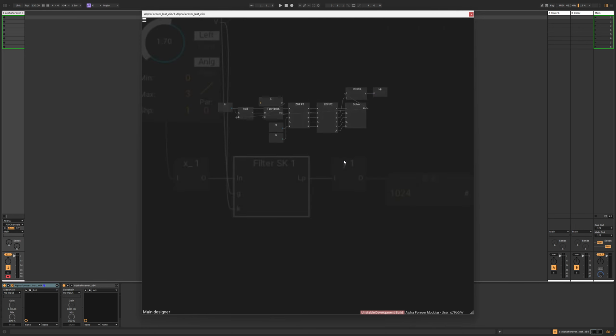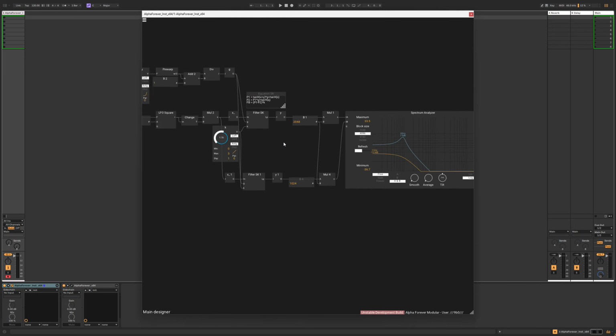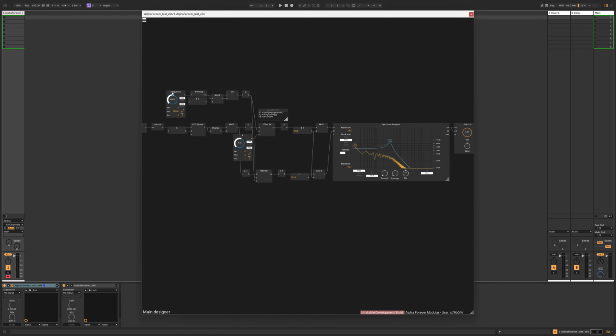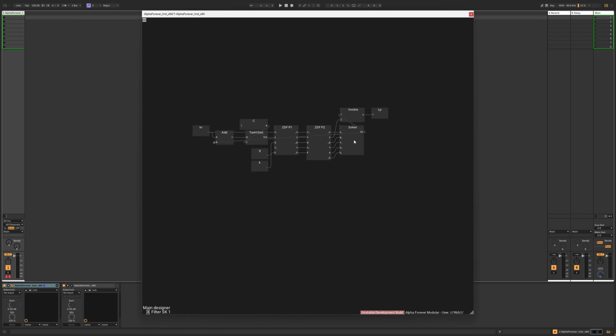And this should result in a non-functional filter now. As you can see, we have no resonance at all, but it doesn't matter, we will fix this.